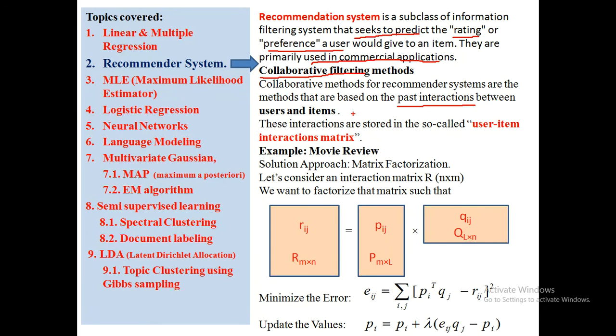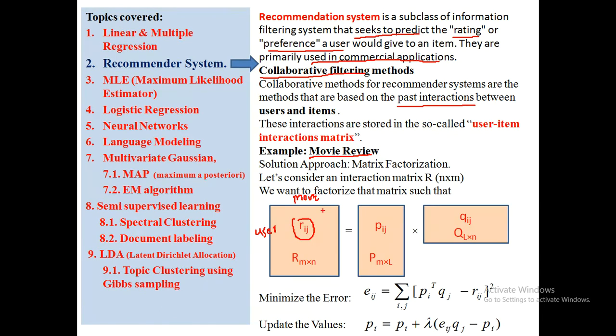This interaction is also termed the user item interaction matrix. Having one example of movie review, the rows are for users, and the columns are for movies. Each entry Rij is the rating given by the user to a particular movie.